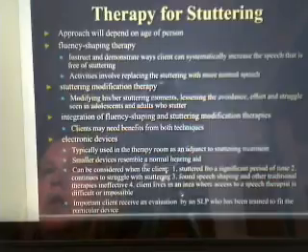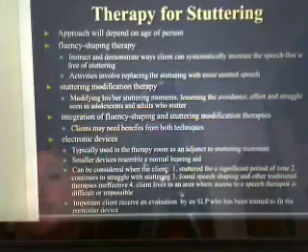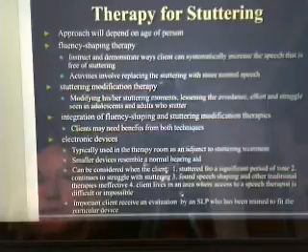Then we work with that individual to lessen the avoidance, effort, and struggle that's seen in older children and then adults who continue to have a stuttering disorder.